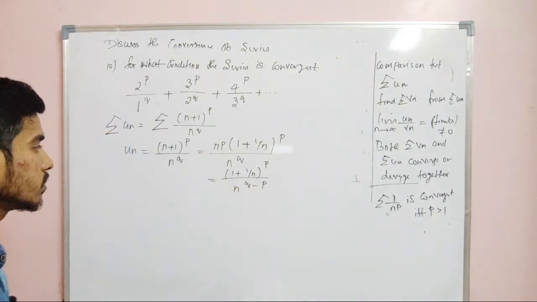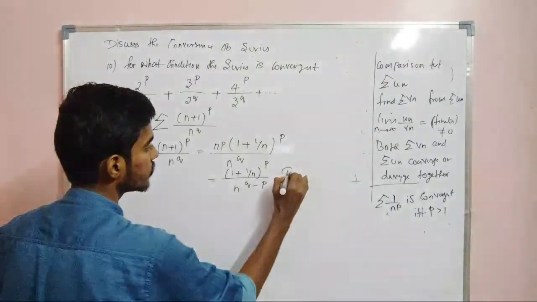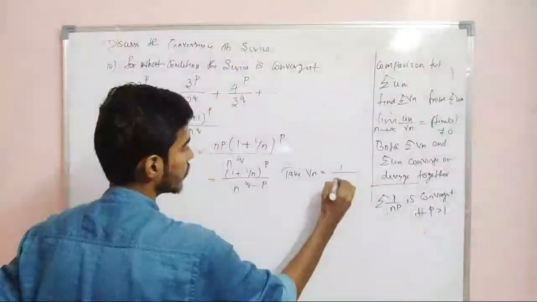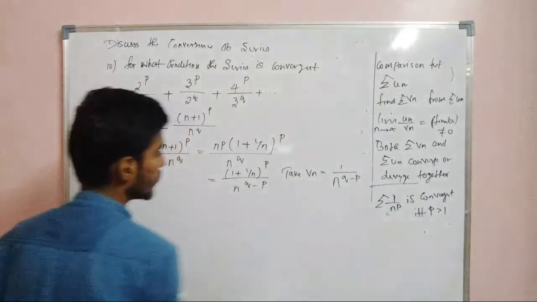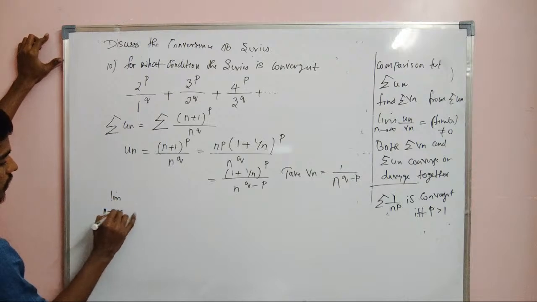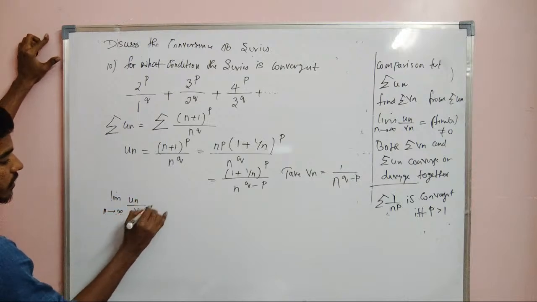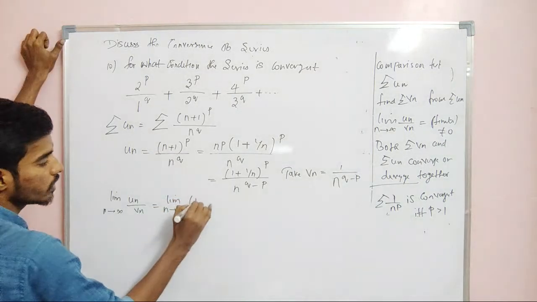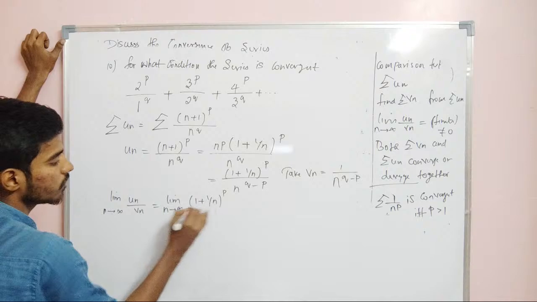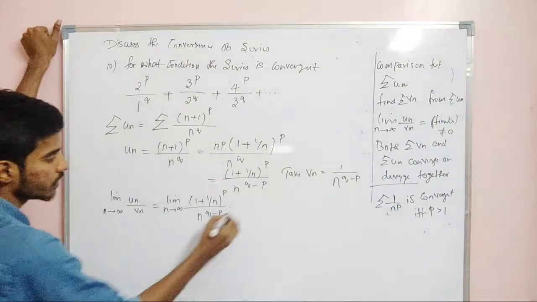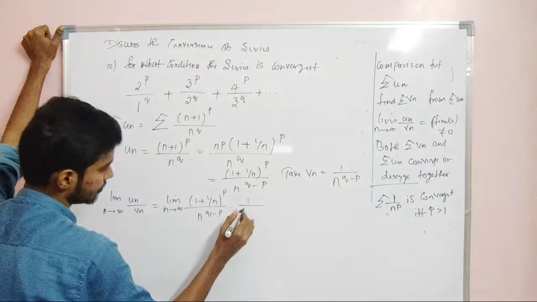Now take vn. Vn is equal to 1 by n power q minus p, right? Now what about the limit as n tends to infinity of un by vn? This is the limit as n tends to infinity of 1 plus 1 by n whole power p divided by n power q minus p, times vn.